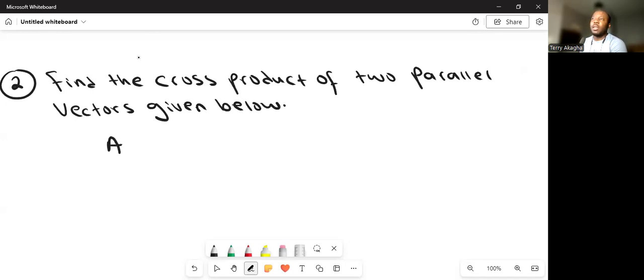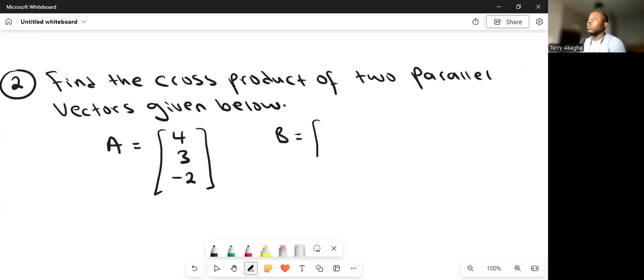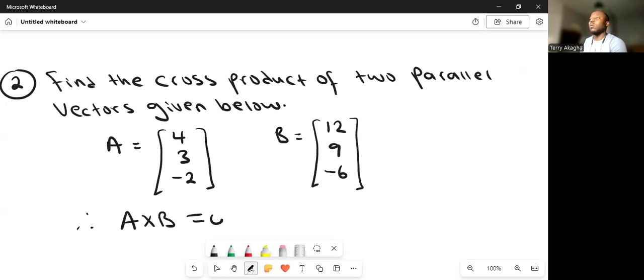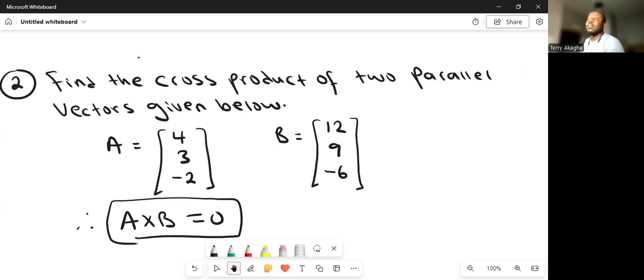We're told that A is equal to 4, 3, and minus 2, and B is equal to 12, 9, and minus 6. We're told to find the cross product. So that means A times B must be equal to what? 0. Nothing else. Provided the vectors are parallel, their cross product must be equal to 0. And that is that for the cross product of parallel vectors.